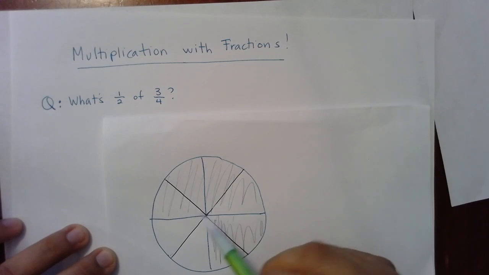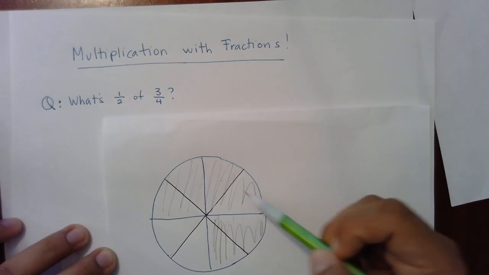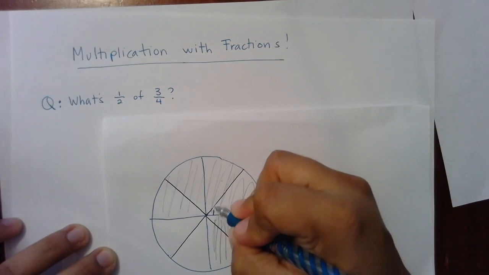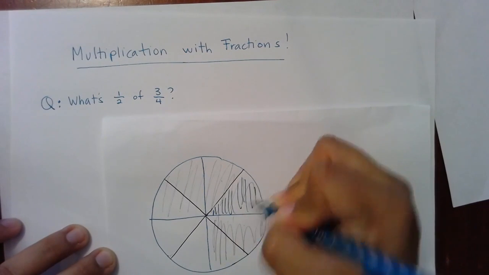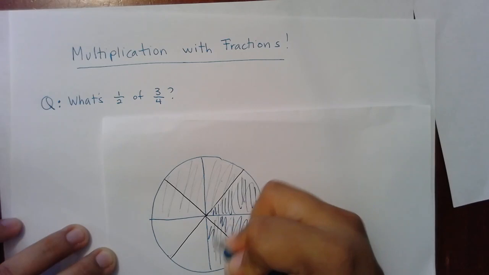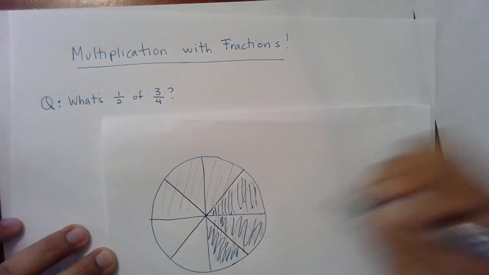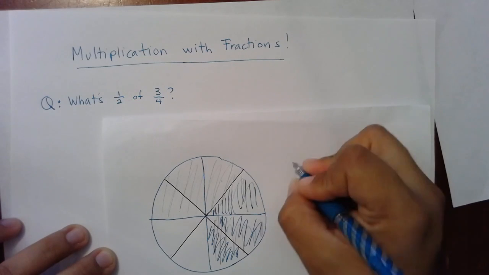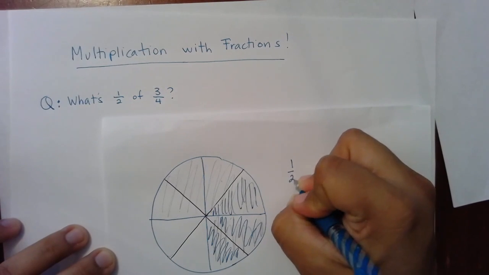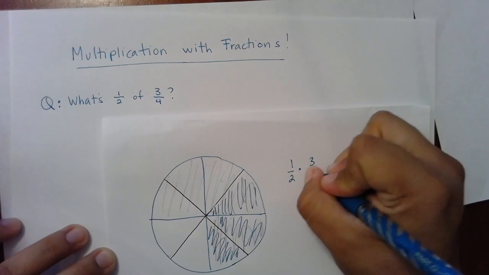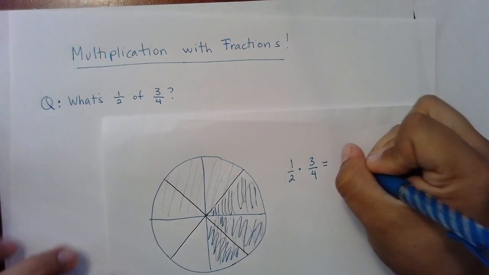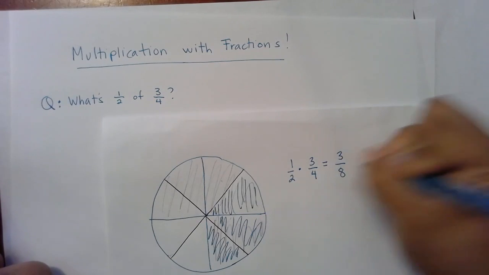Now I can easily take half of it because I have 1, 2, 3, 4, 5, 6 pieces. Half of those 6 pieces, here's 1, here's 2, right? Half of 6 is 3, which is 3/8. So we've just shown that half of, remember the word of means multiplication, 3/4 is 3/8.